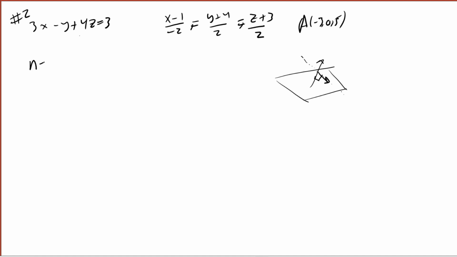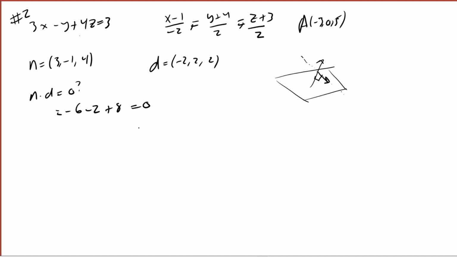So the normal is 3, minus 1, 4, and the direction vector is going to be minus 2, 2, 2. Okay, so the line will be parallel to the plane if the dot product between these two, n dot d, is 0. Is it? Well, let's find out. So I have minus 6 minus 2 plus 8 equals 0. Yes, it's parallel.